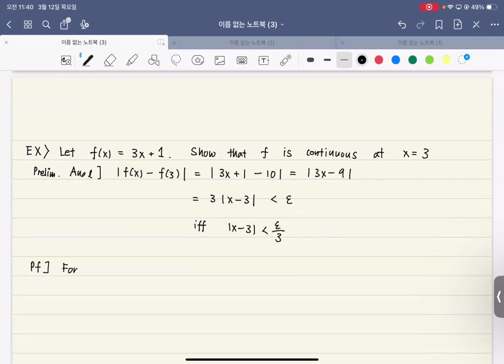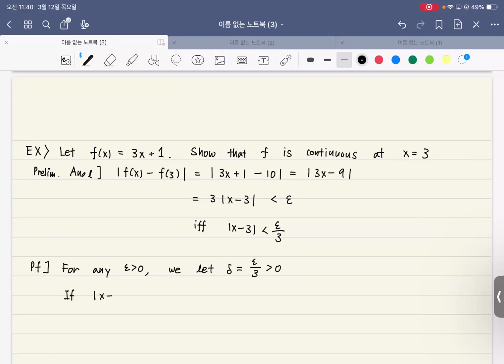For any epsilon, we choose our delta to be just 1/3 of the epsilon. But this is still a positive number, right? Now we make sure that this delta satisfies the condition.